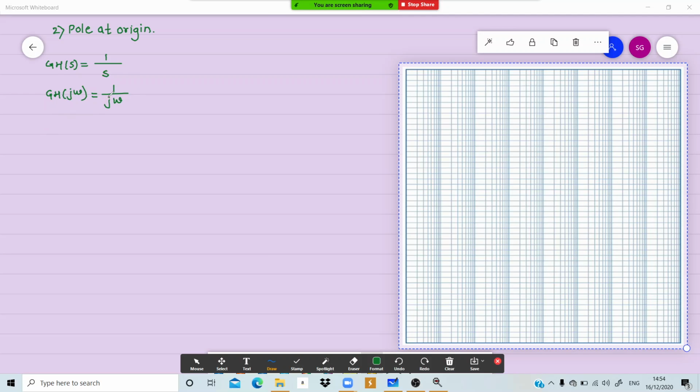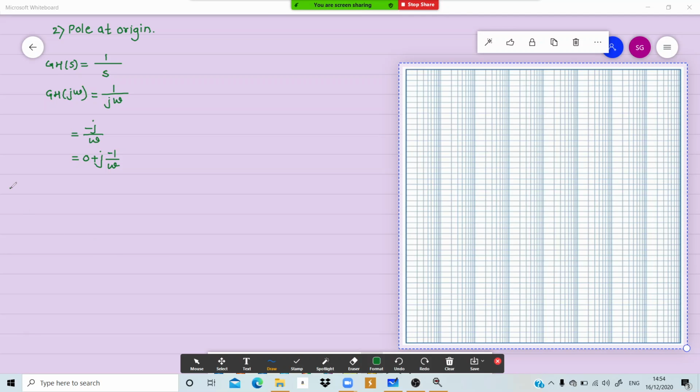Now I would like to write it in real part and imaginary part separately, so it will be easy for us. So I'll multiply and divide by j. So j square is minus 1, it will be minus j upon omega. So I can say 0 plus j times minus 1 upon omega. I think all of you agree with me, correct?